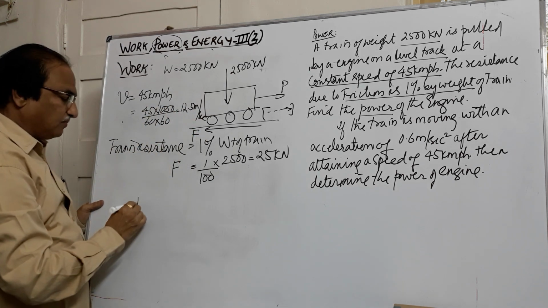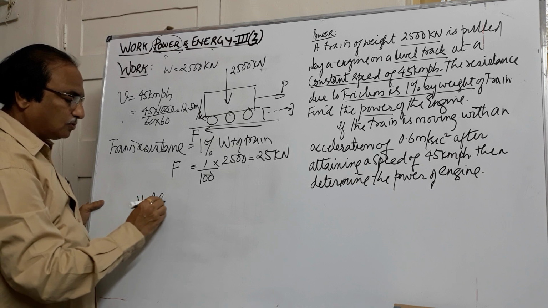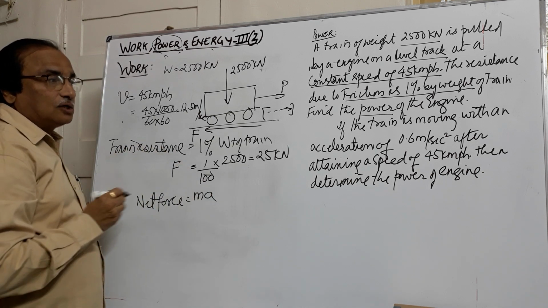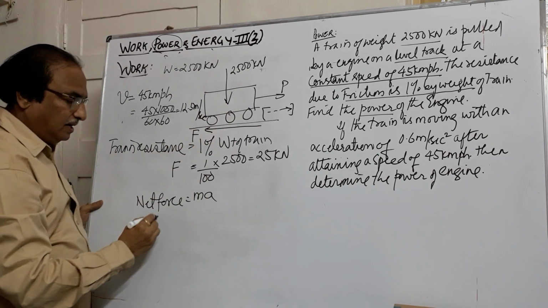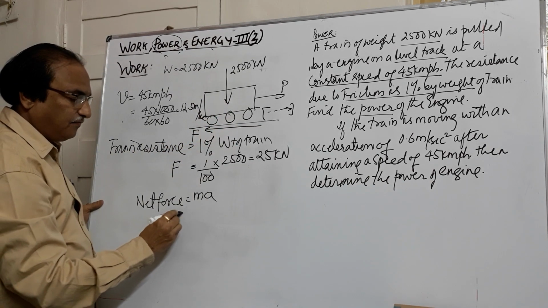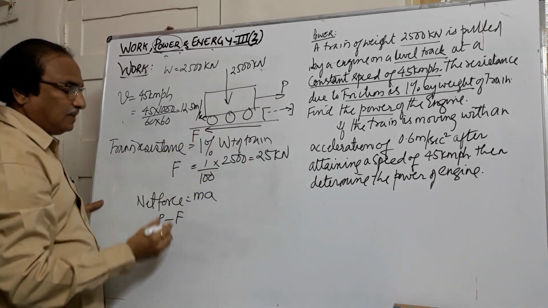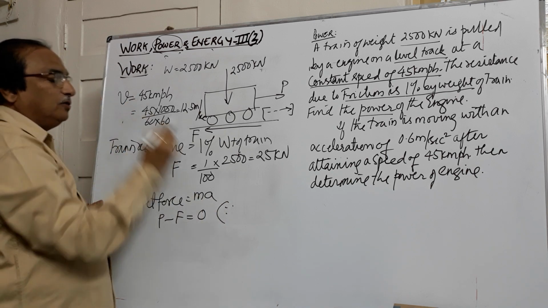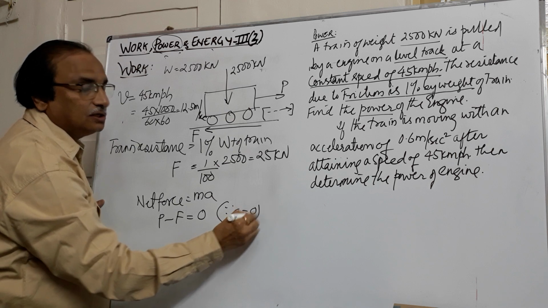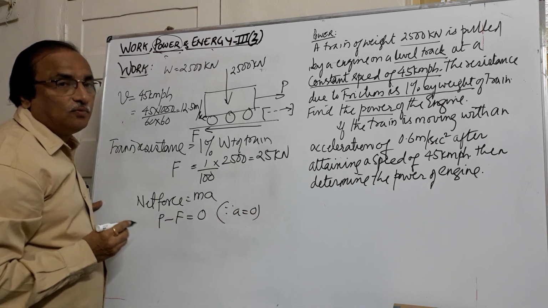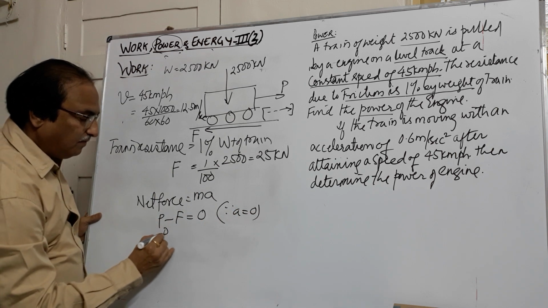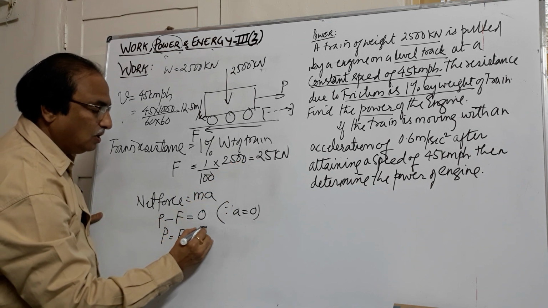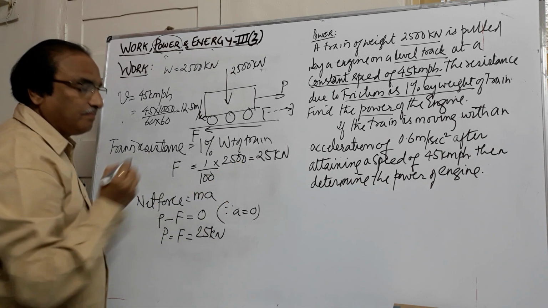Now see into this equation, we know net force acting is equal to mass into acceleration. So what is the net force acting here? P minus F. P is right, F is minus. This must be equal to 0 because the velocity is uniform, that is acceleration is 0. It is moving with a uniform velocity. So here P will be equal to F and this F value we know is equal to 25 kilonewton.